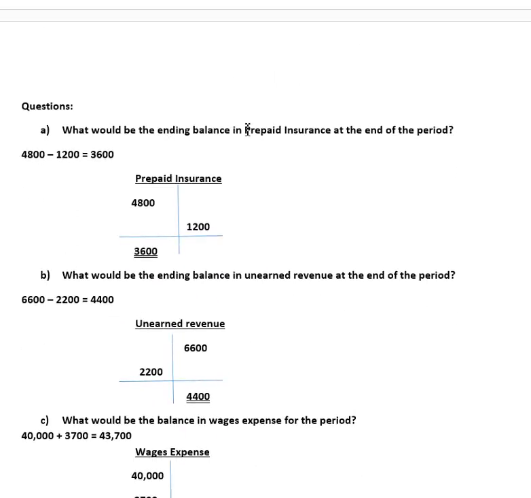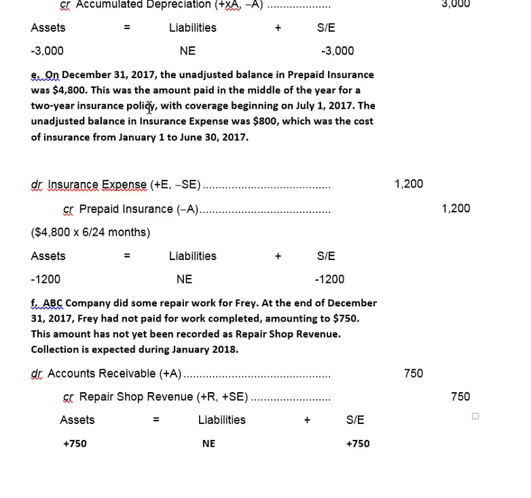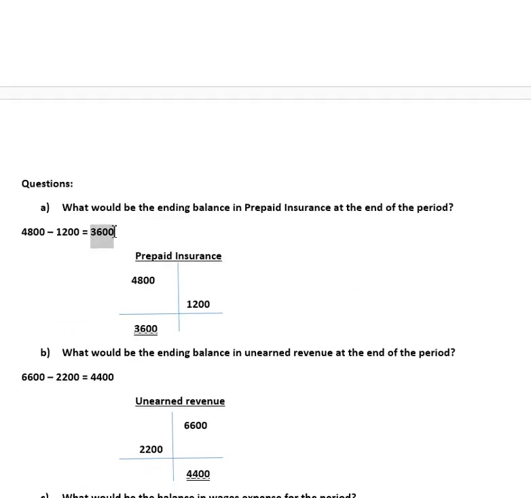So now, let's get some questions here for you. What would be the ending balance in the prepaid insurance account at the end of the period? Well, you remember what we told you back up here was that we had a prepaid balance of $4,800. Don't forget, we reduced our prepaid by $1,200 with this entry. So we would expect to have $3,600 left.